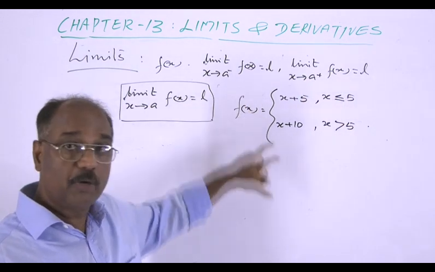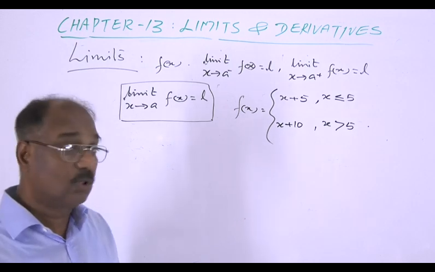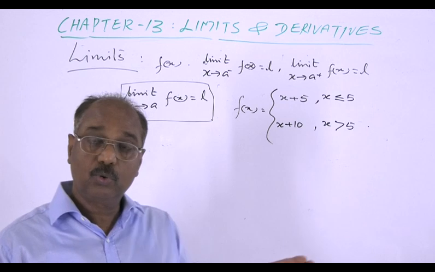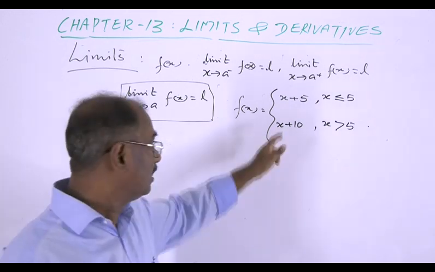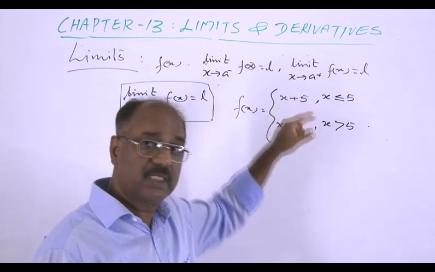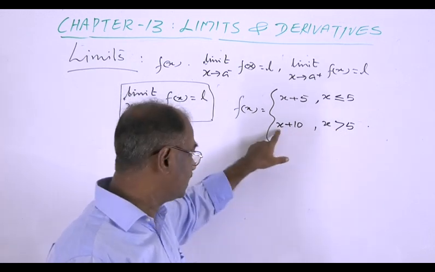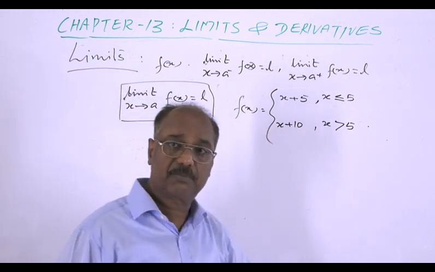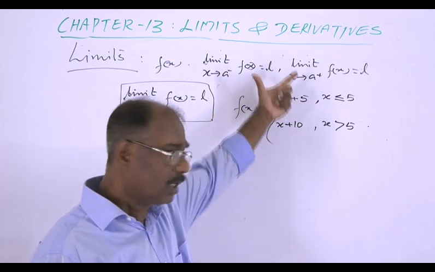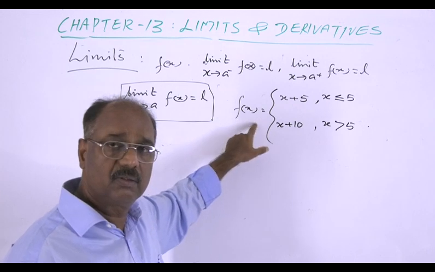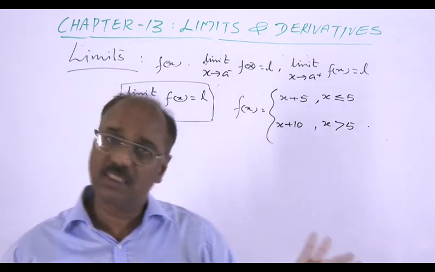We split the whole domain, the set of reals, into two. From 5 to negative infinity, the functional value is x plus 5, and for values greater than 5, the functional value is x plus 10. Thus, for all real values, we have a unique functional value, so it's a function.